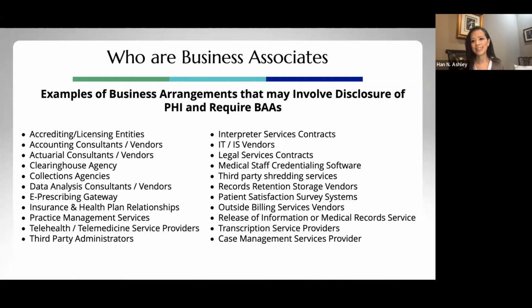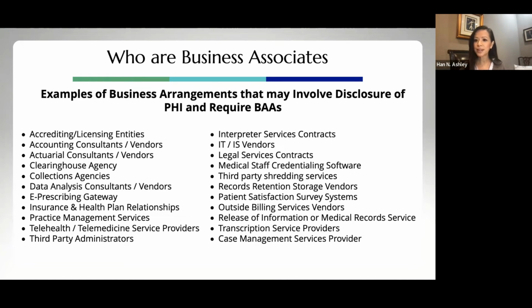At this point of the presentation, we'd like to introduce to you a principle provided by the 2013 Omnibus Rule of a conduit not being a BA. So a conduit, like the United States Postal Service or your ISP, internet service provider, is considered simply a conduit.